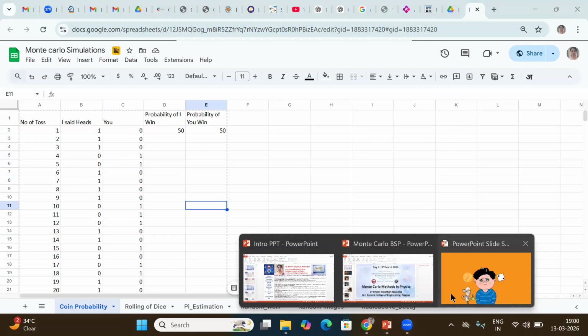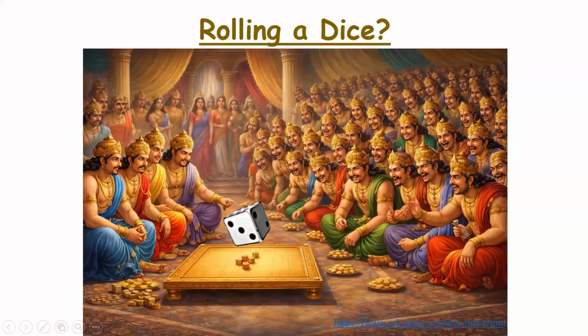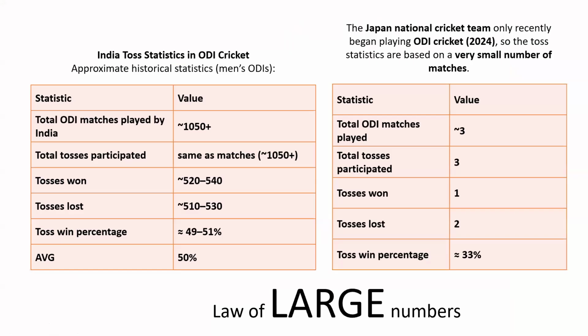Now let us go back to that slide, which I told you I will take up later, the slide of Indian toss statistics in one day international cricket. If I take a statistical value that India has played 1,050 ODIs till now, the number of times India has won the toss is nearly 520 to 540.